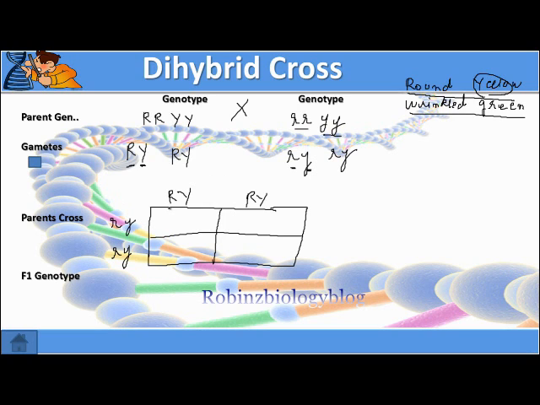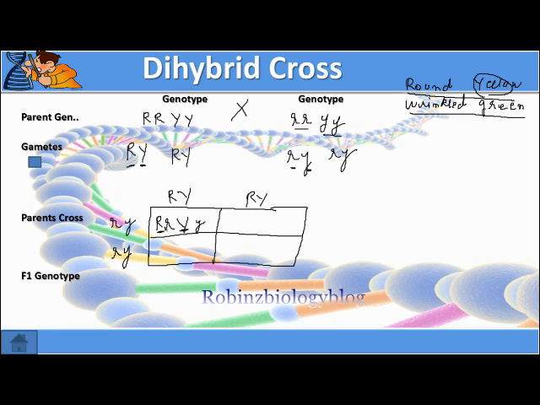But make sure you are not making that mistake. So now when we have to fill in this box, we will consider one thing. R and R will be together since they are alleles. Y and Y will be together since they are alleles. You will write capital R first because it is dominant, capital Y first because it is dominant.